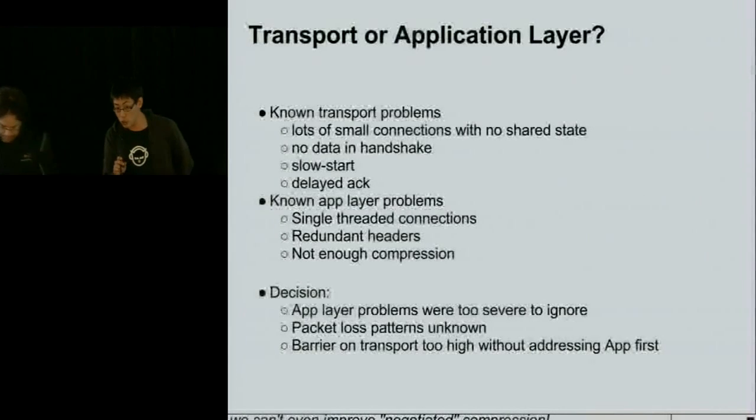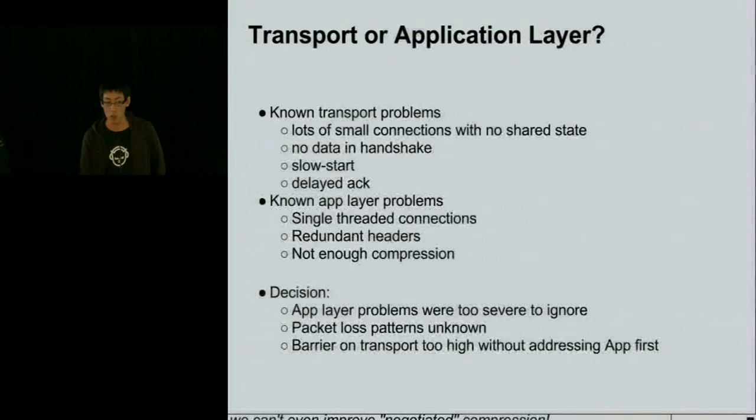So when we were doing SPDY, we were talking about where we should make the changes. Should we make the changes in the transport layer? Should we do it at the application layer? We know that there are problems in the transport. Like currently in transport, we have tons of separate connections. They don't have shared state, shared congestion control state, shared all the other connection state.